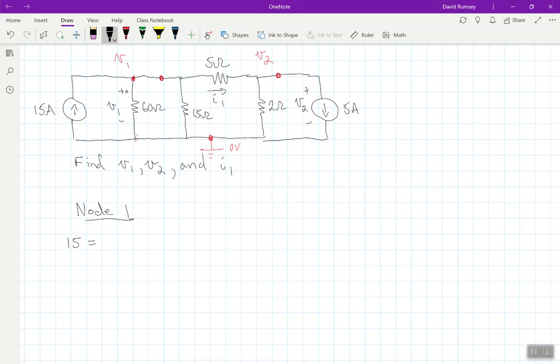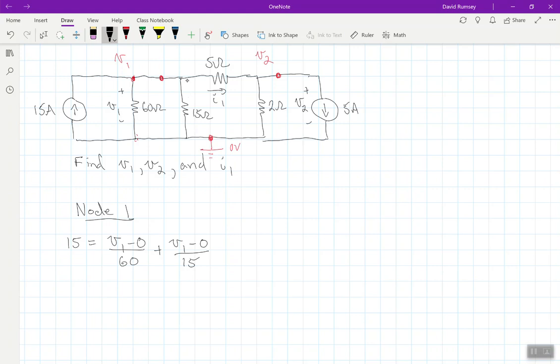And remember, when we do resistors, we always do the current leaving the node: the voltage at that node minus the voltage at the other node, divided by the resistance. So this would be V1 minus 0 over 60, and then V1 minus 0 over 15. So the first is the current through the 60 ohm, then the current through the 15 ohm.